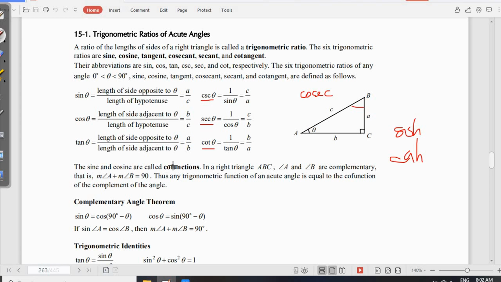Then one thing about angles is that sine theta is equal to cos of 90 degrees minus theta. So remember this. For instance, sine 150 is equal to cos of 90 minus 150.